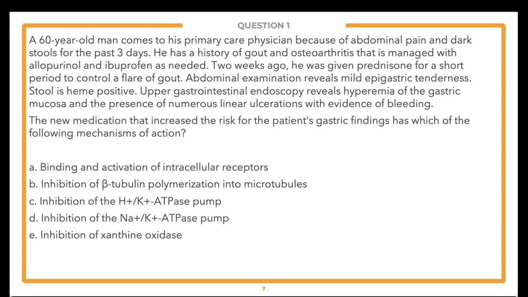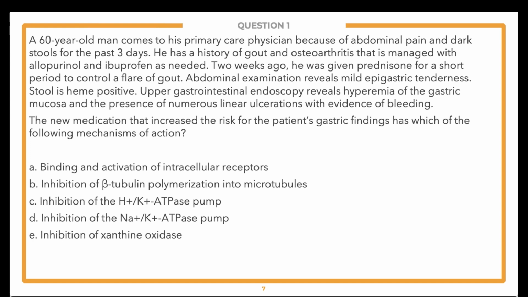Or answer choice A, binding and activation of intracellular receptors. Okay, so now that you've gathered all of your information, what do you think is the mechanism of action from that new medication?